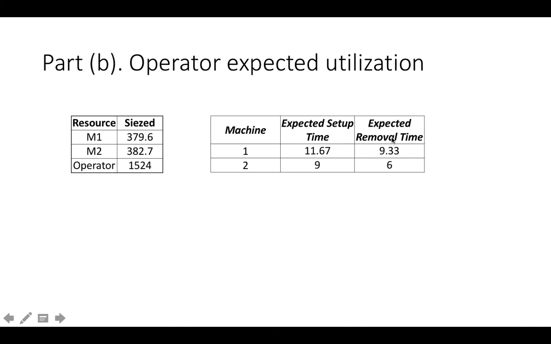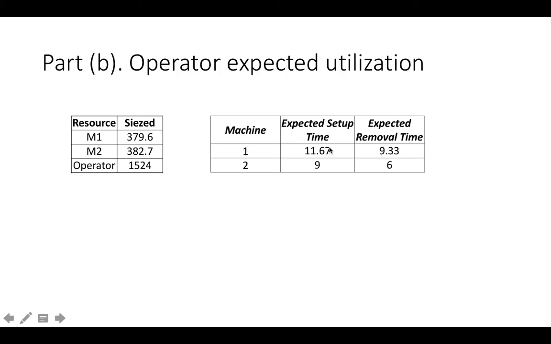The operator is not involved in the process, because the process is just performed by the machine. So basically, we need to find the expected time that the operator is used during the processing of parts that were assigned to machine 1 and parts that were assigned to machine 2.